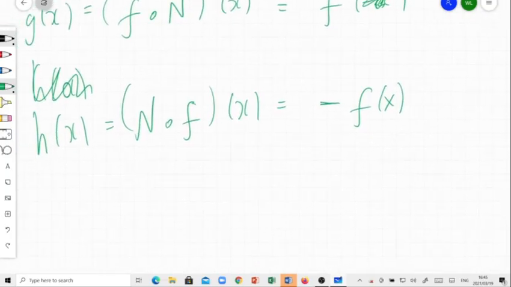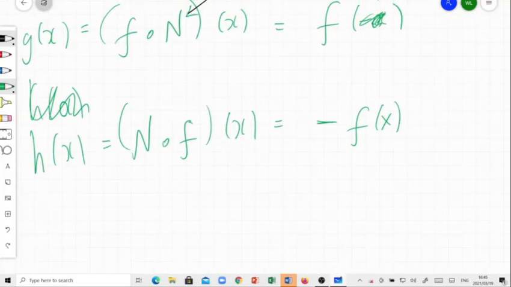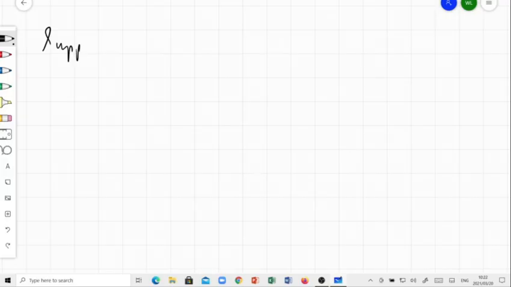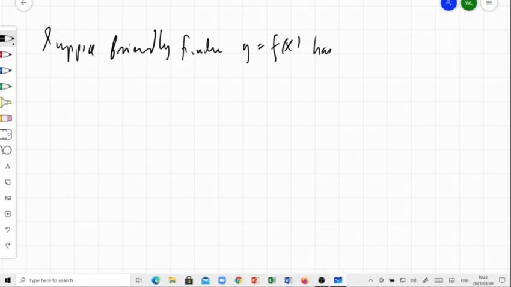So let's see how the graph actually works out to be. Suppose our friendly function y equals f of x has the following graph.